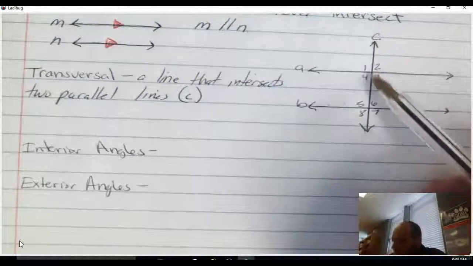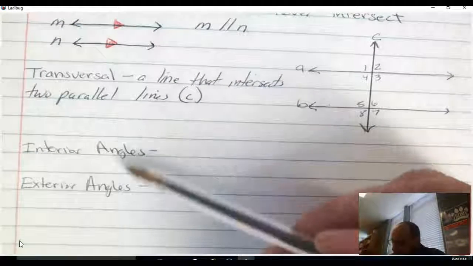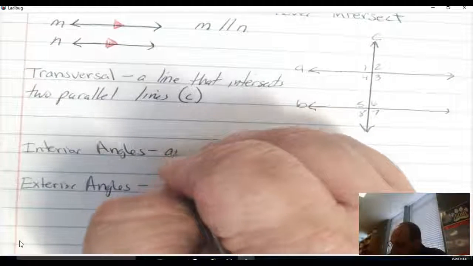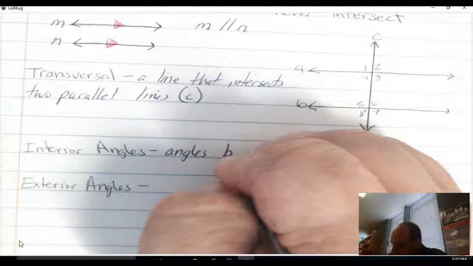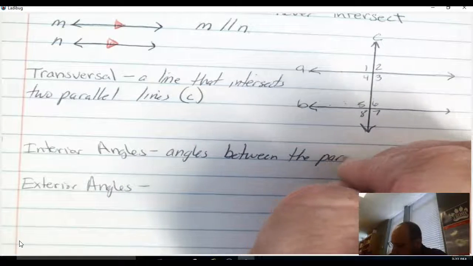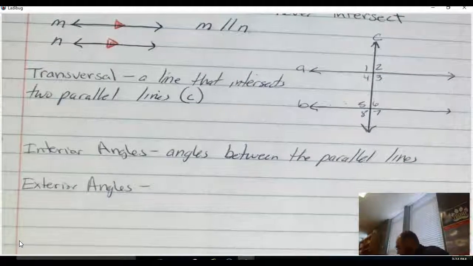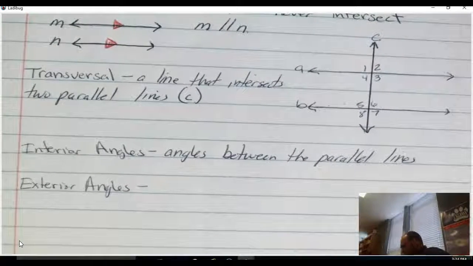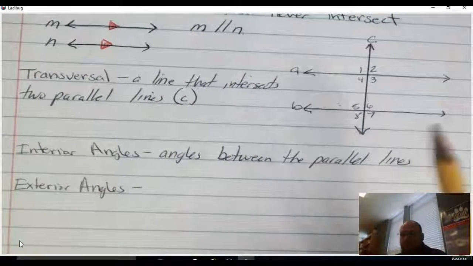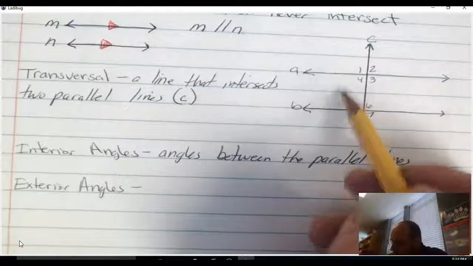Now, when you have a transversal line that cuts through two parallel lines, interior and exterior angles are created. Interior angles are angles between the parallel lines. All right, so if I take my pencil here, my interior angles are the angles between the parallel lines.